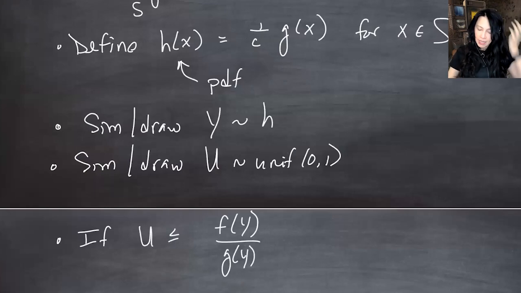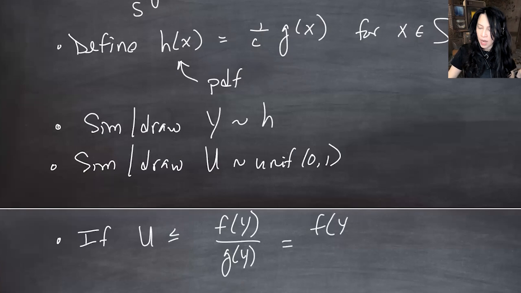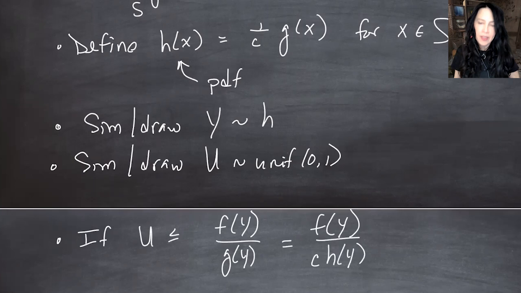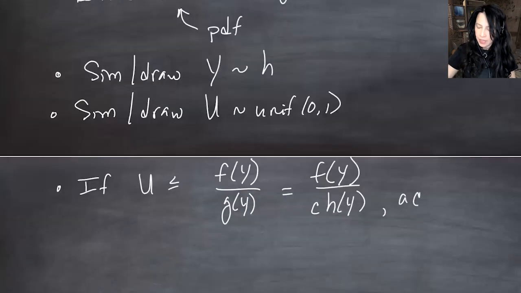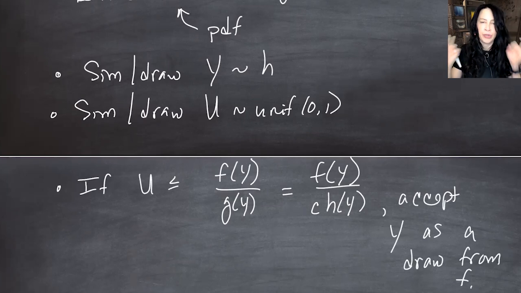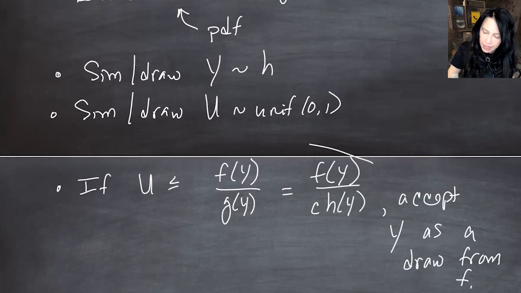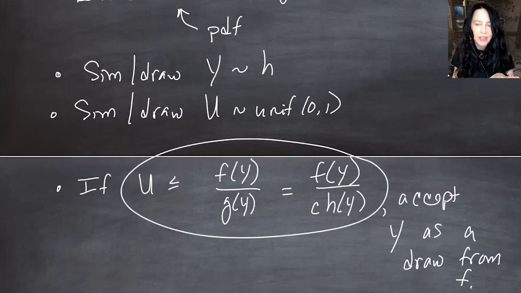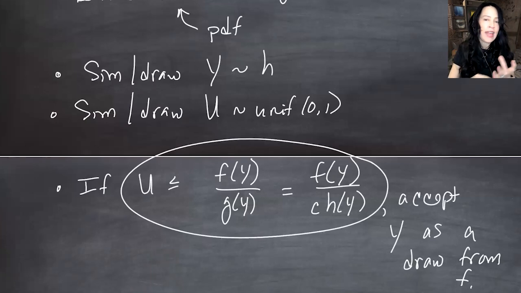G is c times h, so this is also f of y over c times h of y. Either way, you accept y as a draw from F, which means you output it, and that is your realization. And if the uniform does not fall below this thing, you have to throw out your Y and throw out your U and start over.